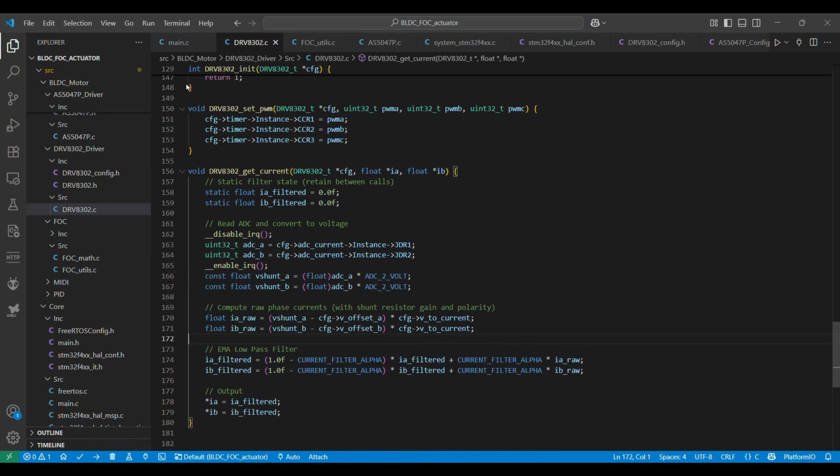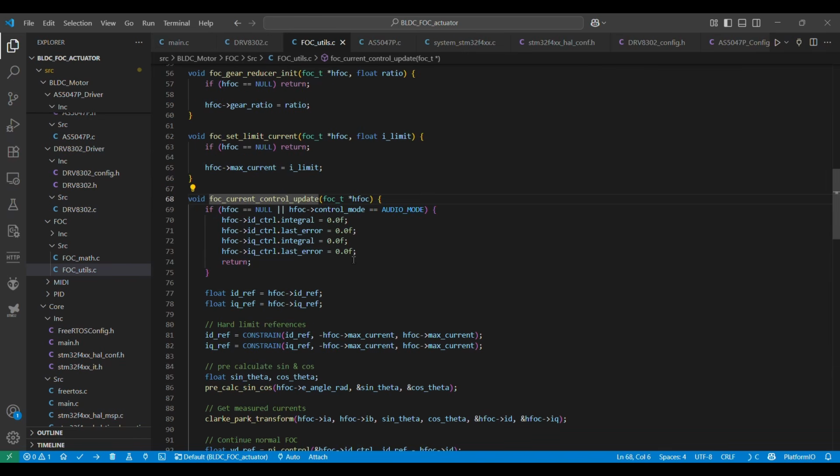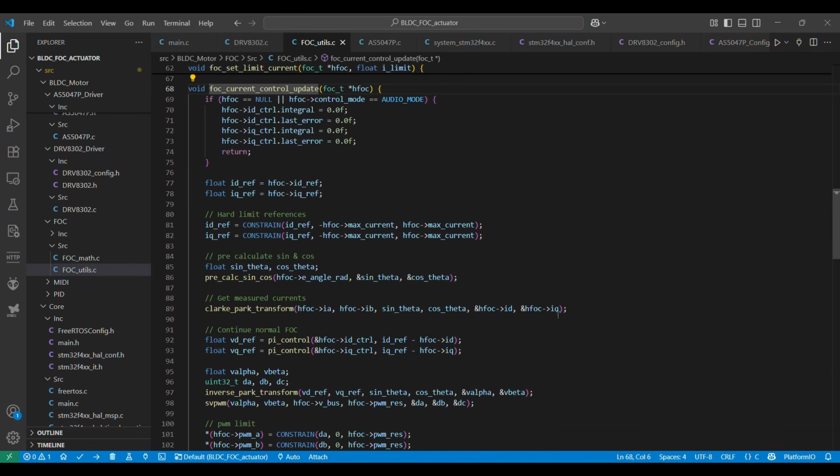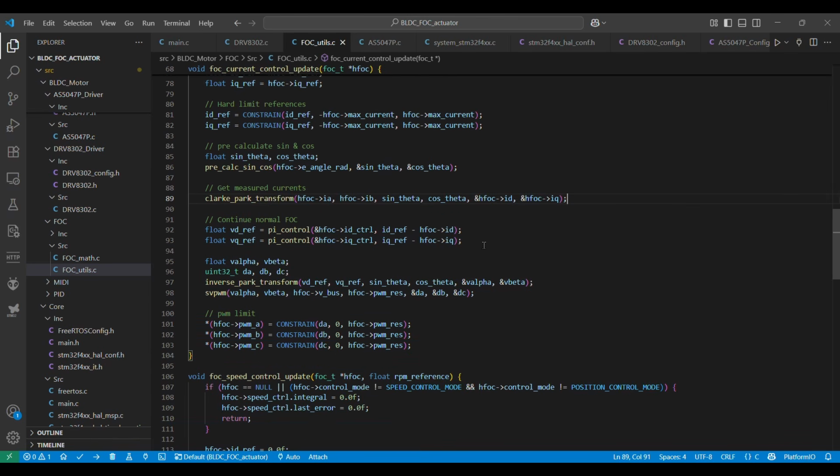After that, the current from the two motor phases and the rotor angle are converted to D and Q currents using Clarke and Park transformations. The actual ID and IQ currents are compared to their reference values, then controlled using a PI controller to obtain the compensation voltage. This voltage is converted back to alpha-beta form, then sent to the SVPWM.